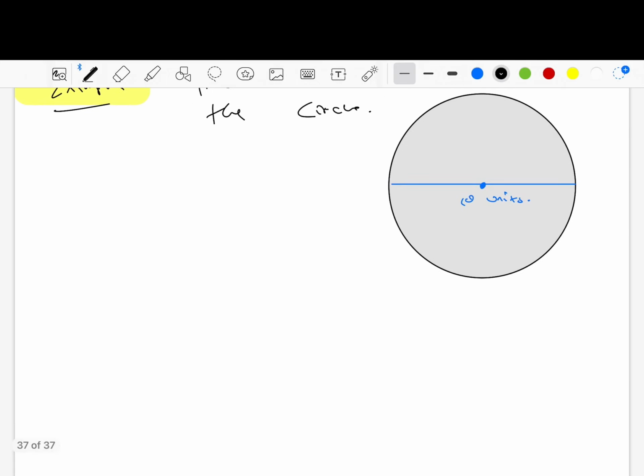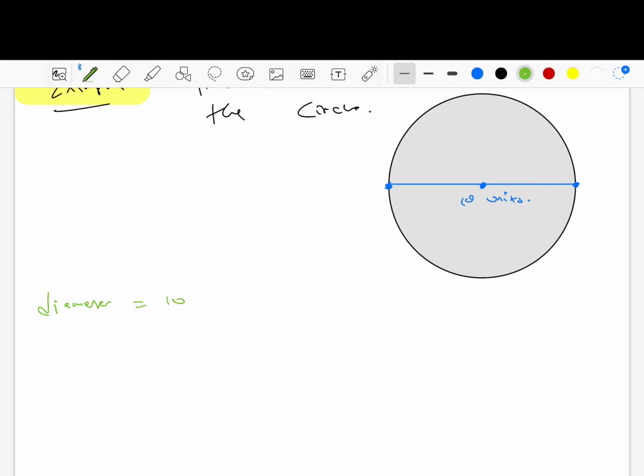First thing first, you need to identify that this 10 units is a diameter, because it is a line that passes through the center from one edge of the circle to another. So you can write that down: the diameter is equal to 10 units.